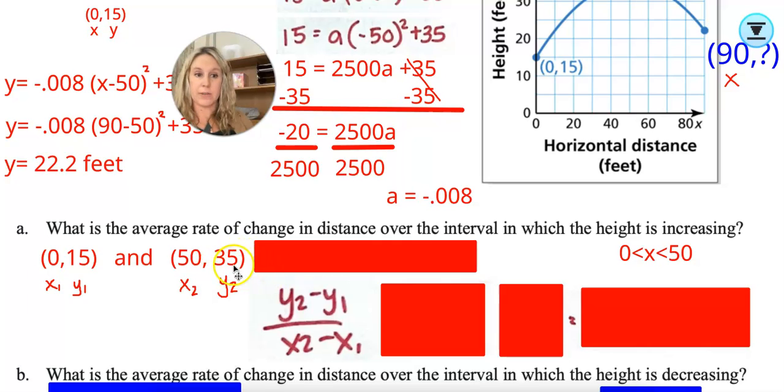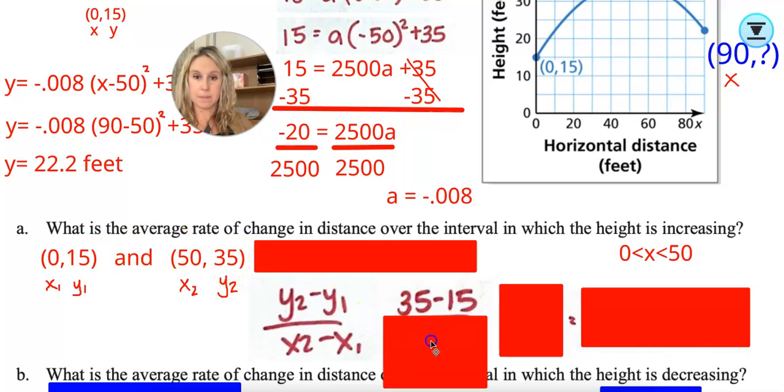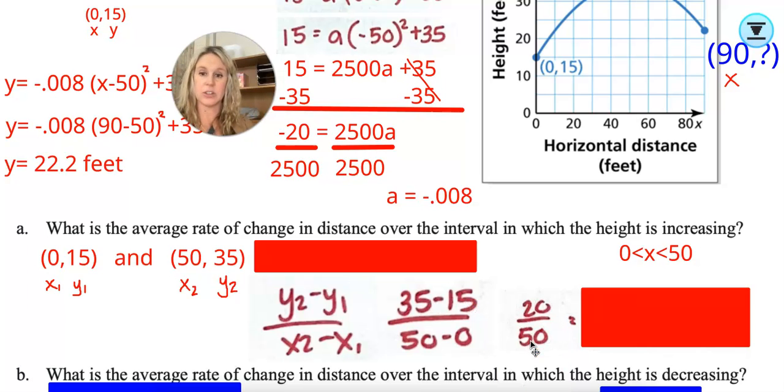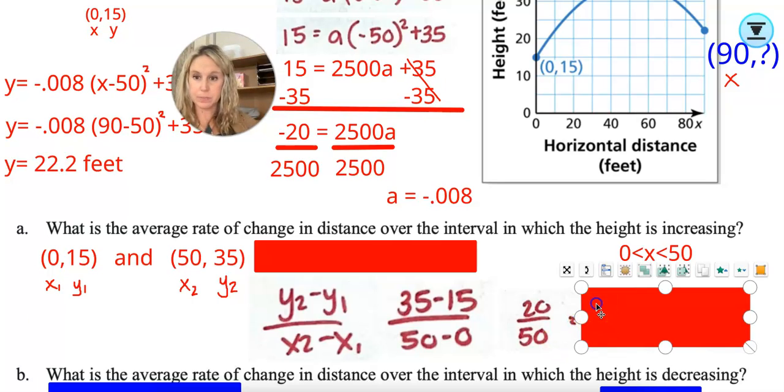So I'm going to start off with 35 minus 15 on top, and then my x2 would be 50 minus 0. So if I simplify the numerator, I would have 35 minus 15, which gives me 20, and 50 minus 0, which gives me 50. So now you can reduce that. You can do a decimal or you can do a fraction, up to you.